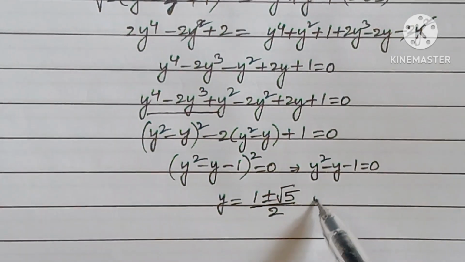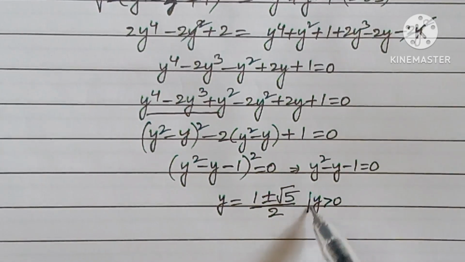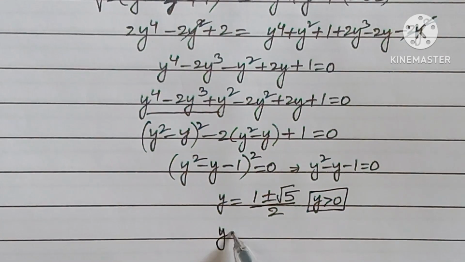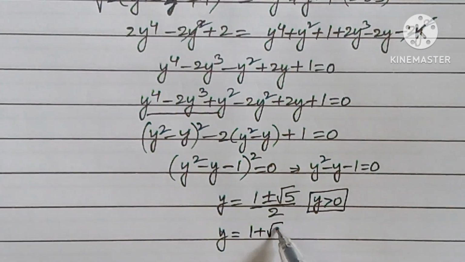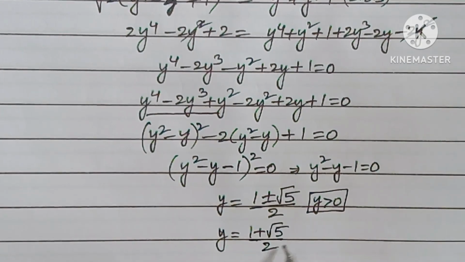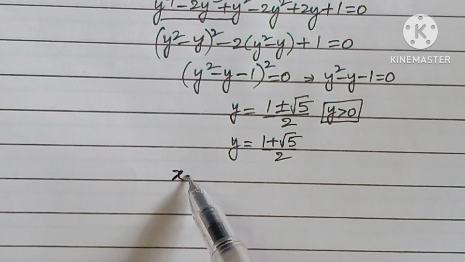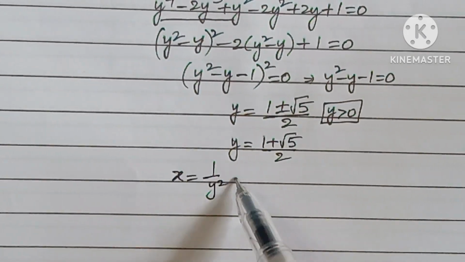So here y is greater than 0. We have taken that y value is greater than 0. So y will be 1 plus root 5 by 2. x is equal to 1 by y square.